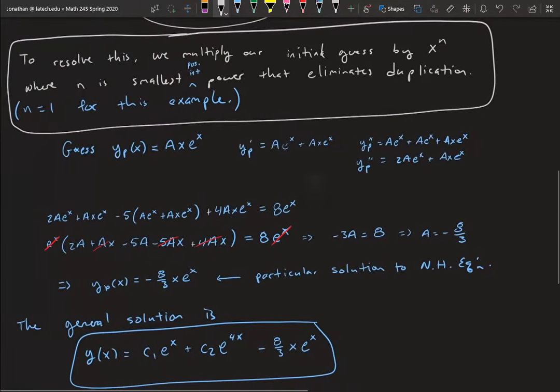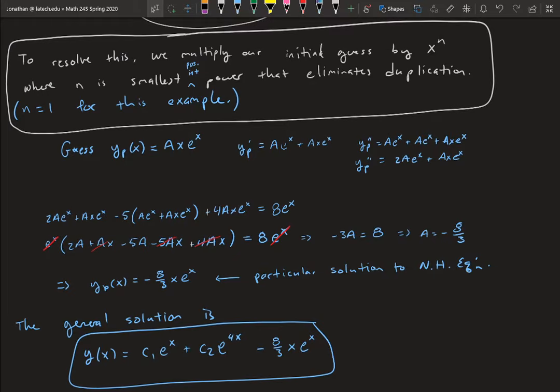We don't use that guess, we multiply by x until we've eliminated all duplications in our homogeneous solution. In this case, we just had to multiply by x one time, but you might have to multiply by x squared, or x cubed, depending on how many repeated roots you have from your homogeneous solution. So yeah, good stuff.